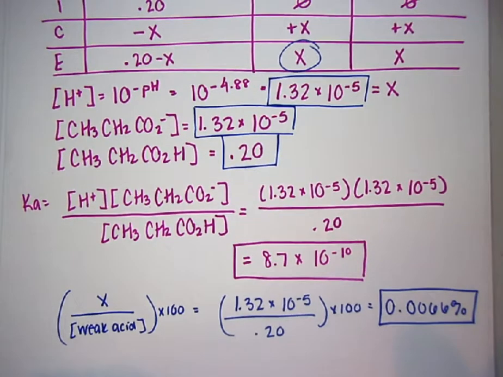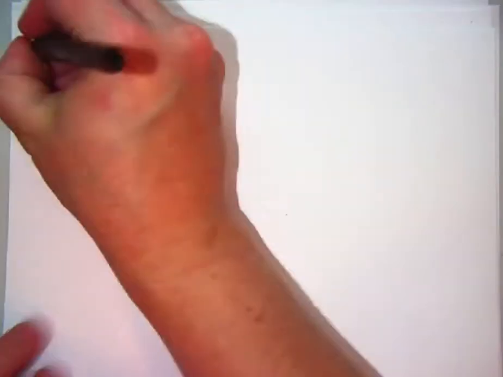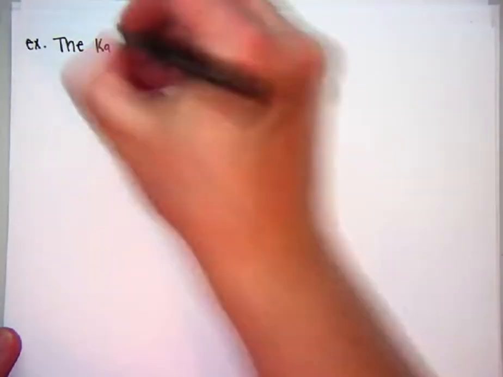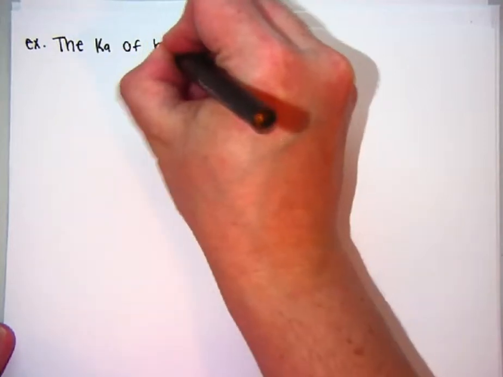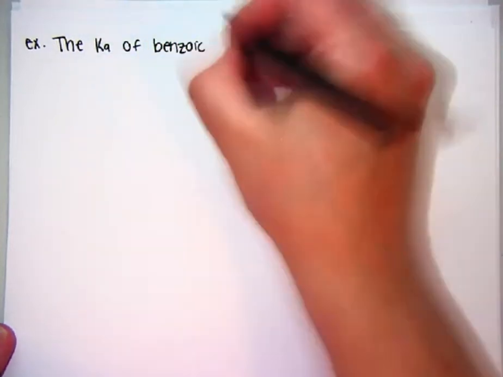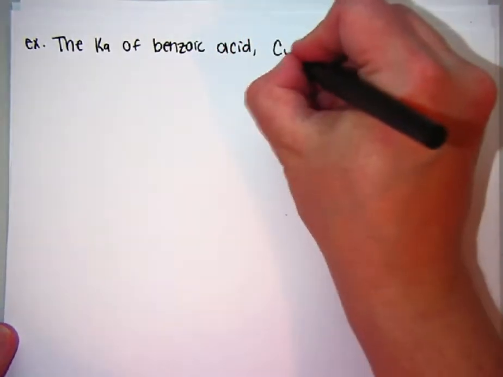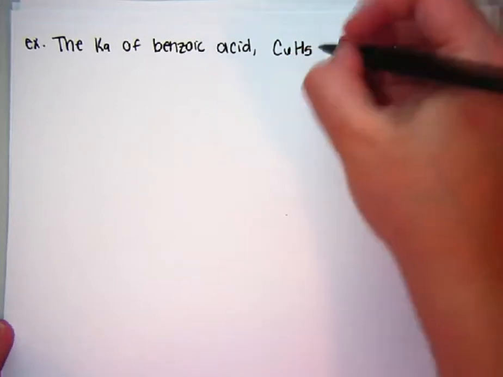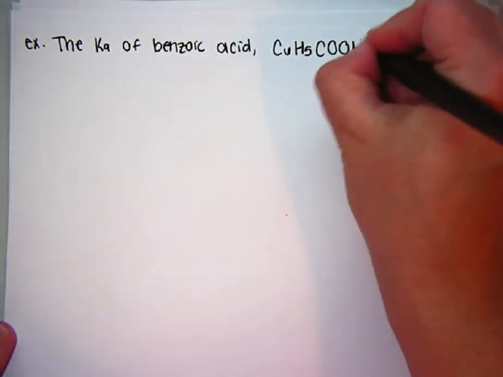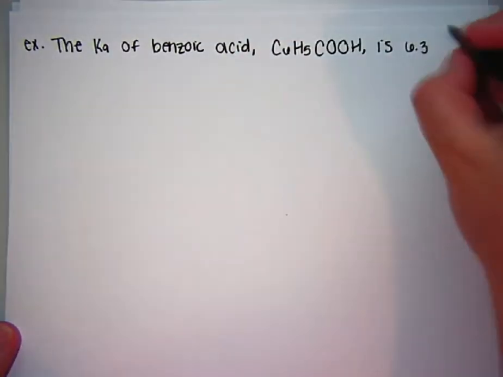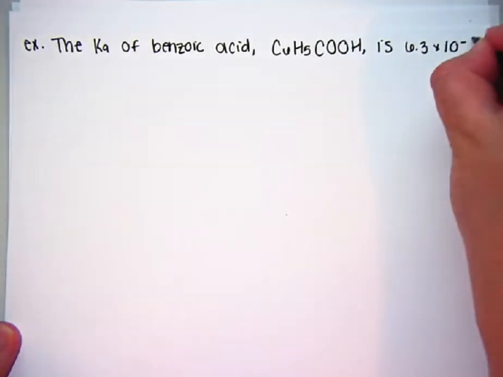Let's do a problem where you have to calculate pH. This will probably be the last one. Last example. The Ka of benzoic acid, C6H5COOH, is 6.3 times 10 to the negative 5.